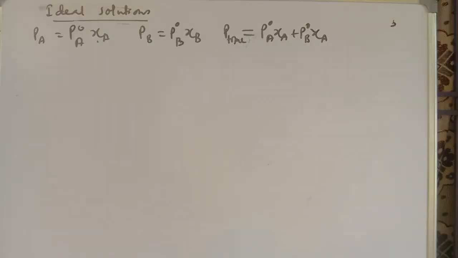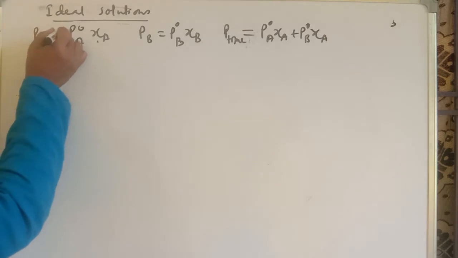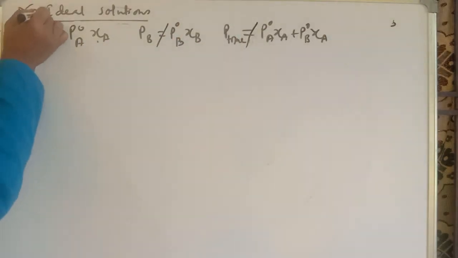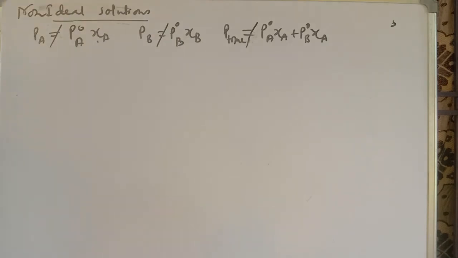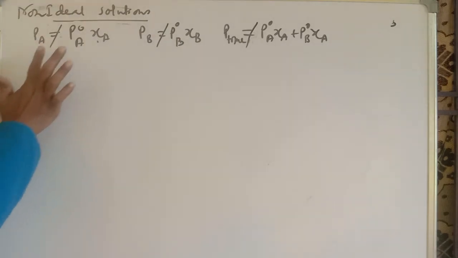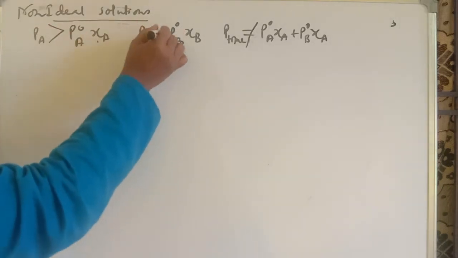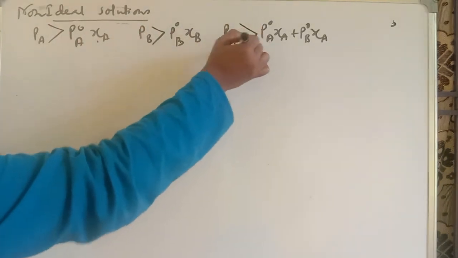Now we know about ideal solutions, the solutions which obey Raoult's law. So what will happen if the solutions do not obey Raoult's law? This not equal to this. Then definitely it will be called a non-ideal solution. If this is not equal, then two conditions are there: it may be greater than or it may be less than.